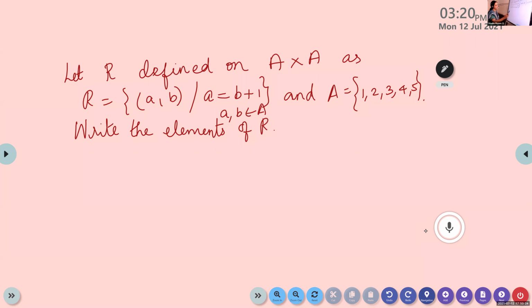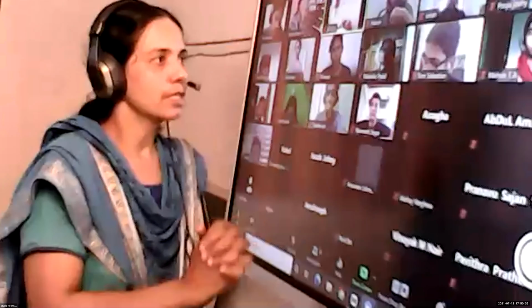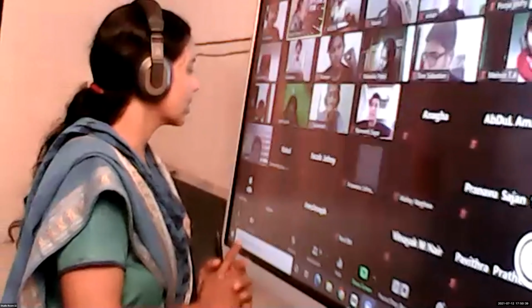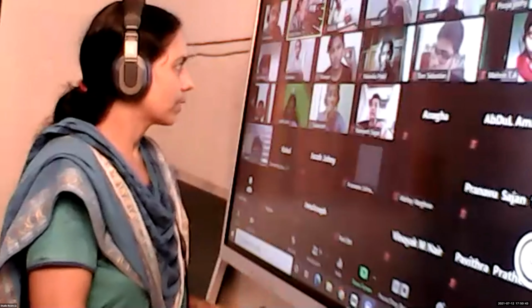Yes, children, you all copied this one? Okay. Now listen, children. The question is you have to write the relation. What is the relation given here? R is equal to the set of all ordered pairs (a, b), where a is equal to b plus 1.